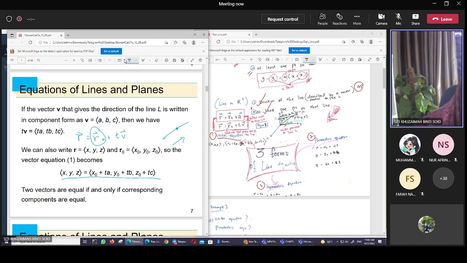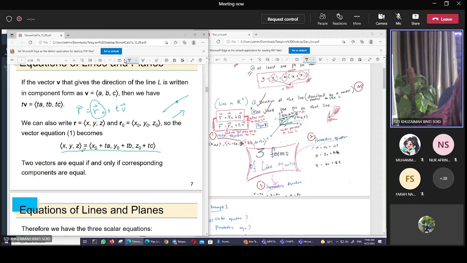Now when we expand this equation, it becomes like this. This R, at this point, is X, Y, Z, so actually it is X minus 0, Y minus 0, Z minus 0.